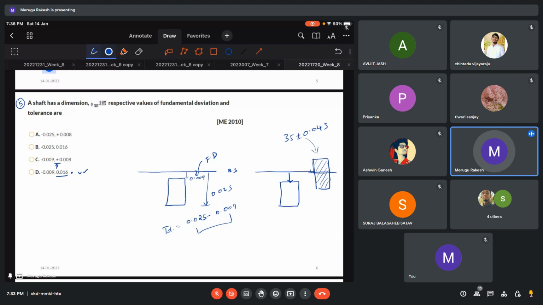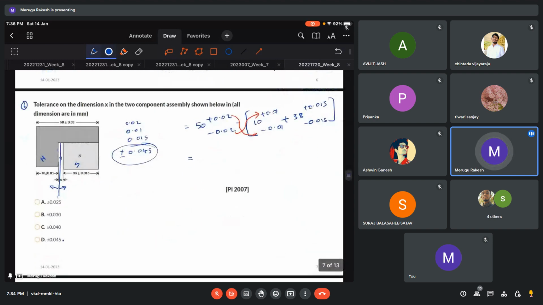Fundamental deviation helps you find this value so that you can find the tolerance. In this case you can easily find the tolerance, so there is no need of fundamental deviation. This is how you proceed in this type of question.